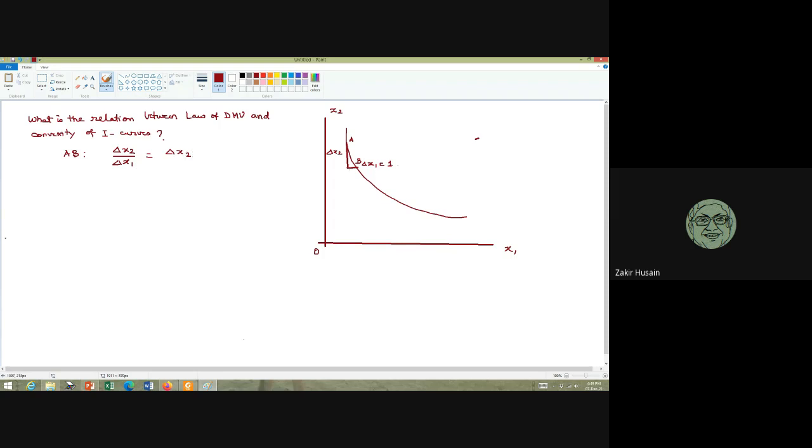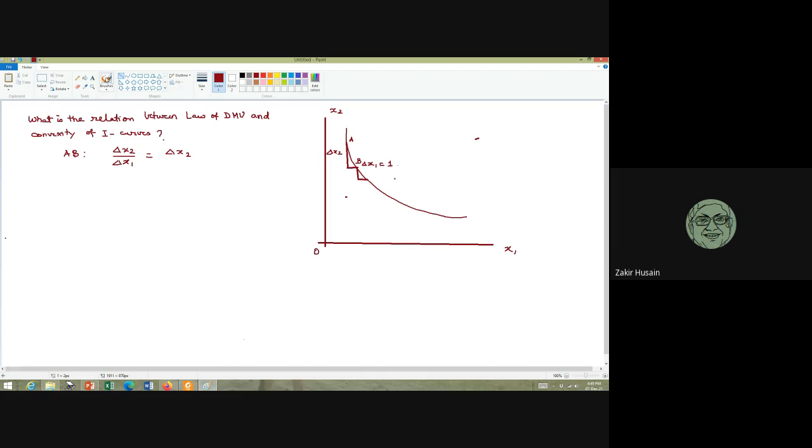Okay. Now, let us again increase x1 by 1 unit. Okay, so this and this is roughly equal. This is again 1 unit.